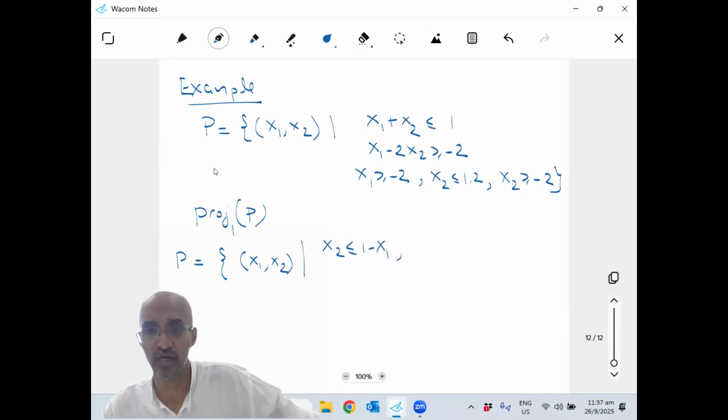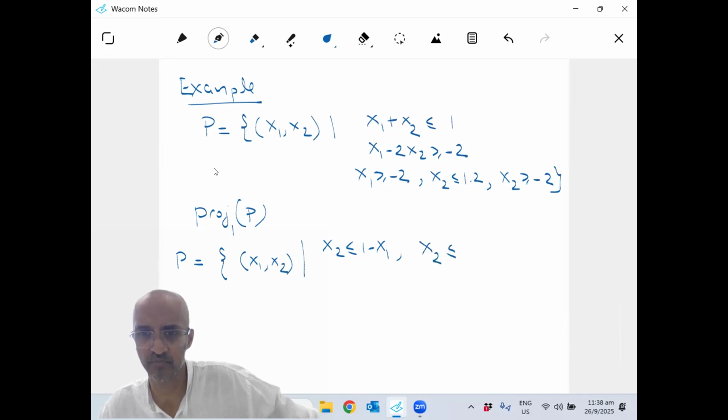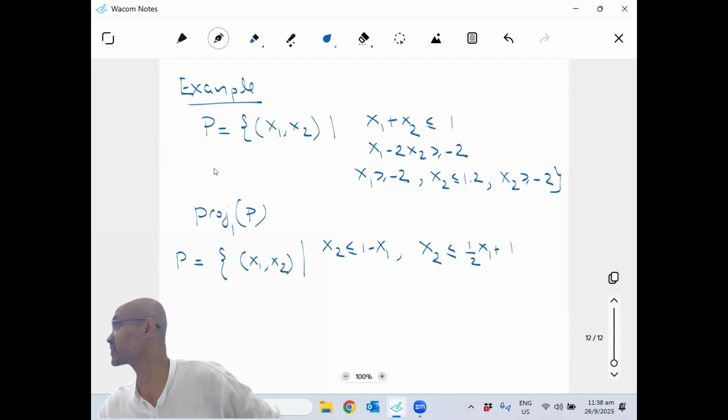Now the second constraint: 2x2 is less than or equal to x1 plus 2, so x2 is less than or equal to half x1 plus 1. This is the second constraint.